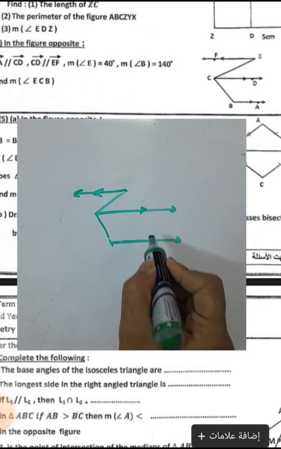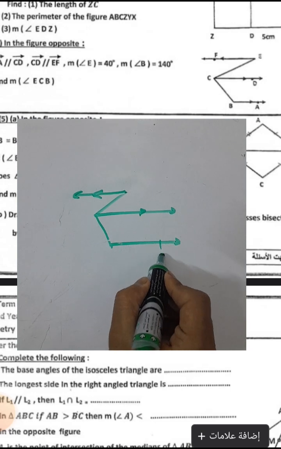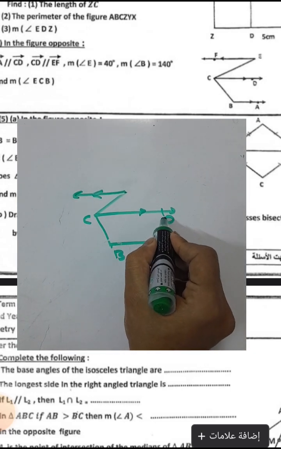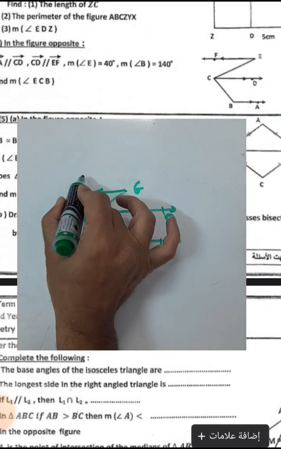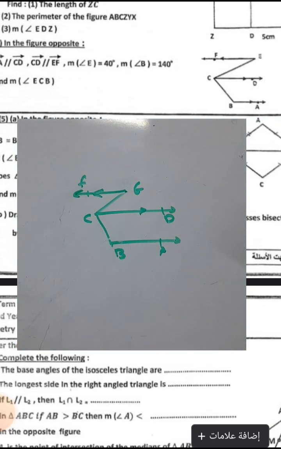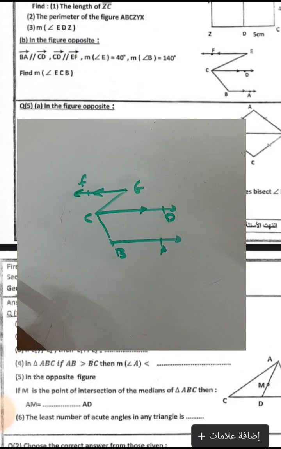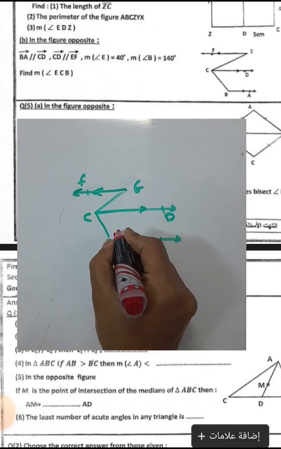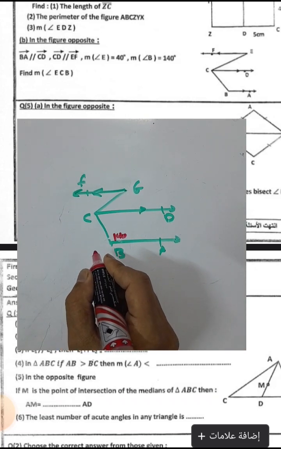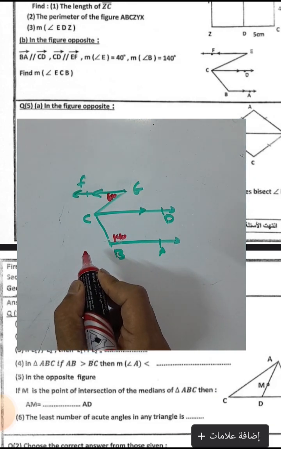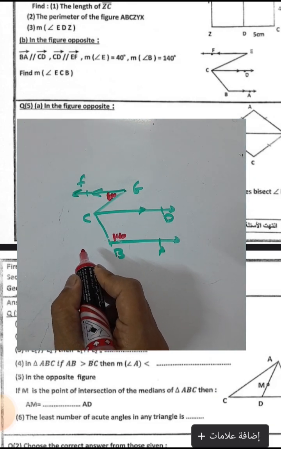Here we have A, B, C, D, E, F. He wants us to find, given the measure of angle B is 140 and the measure of angle E is 40, the measure of angle ECD.